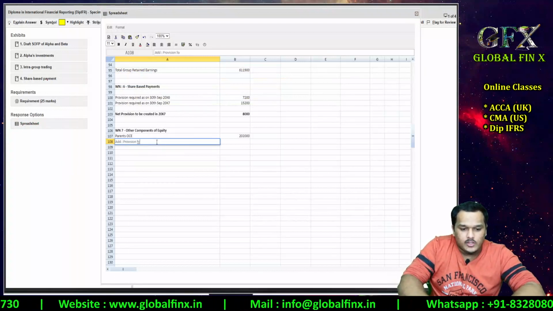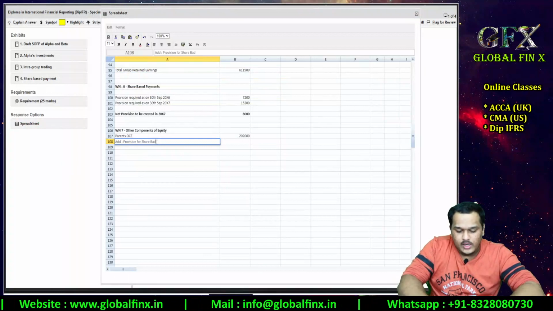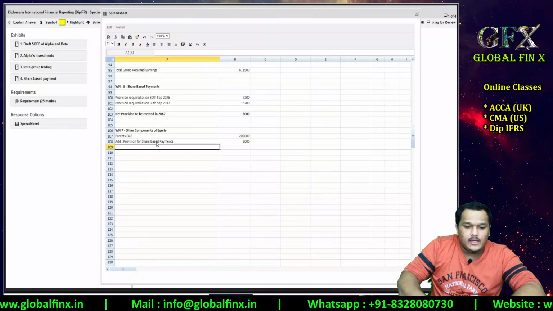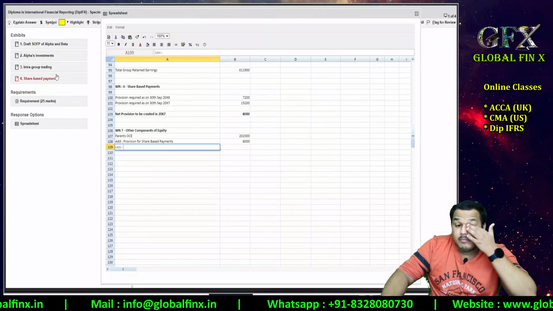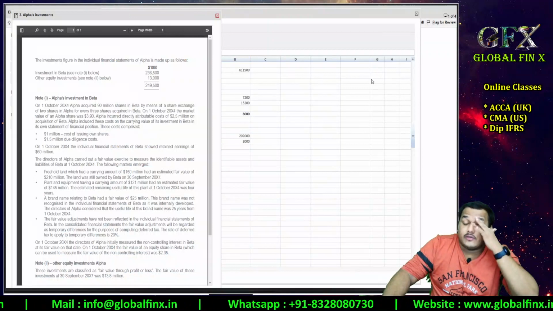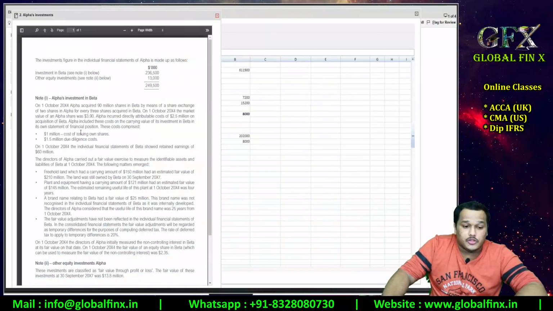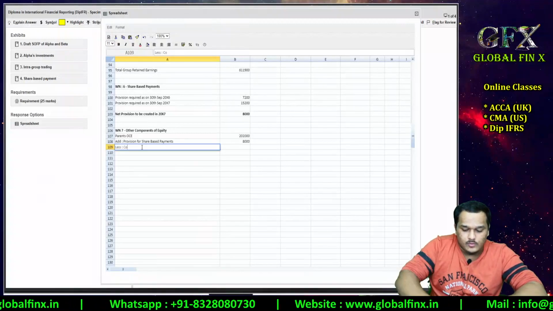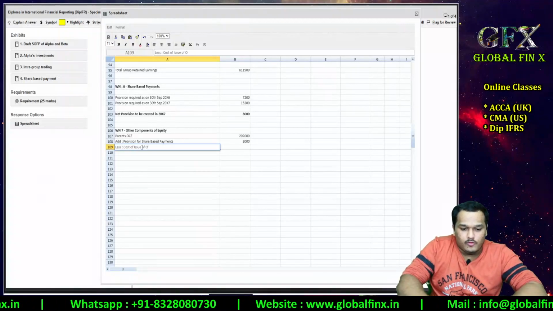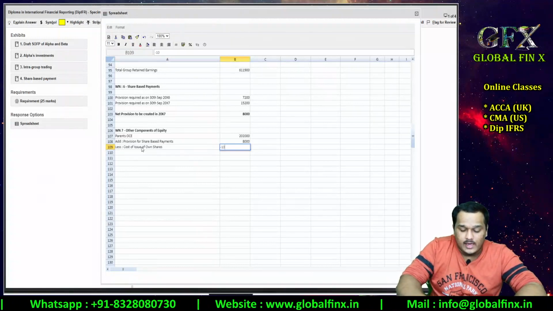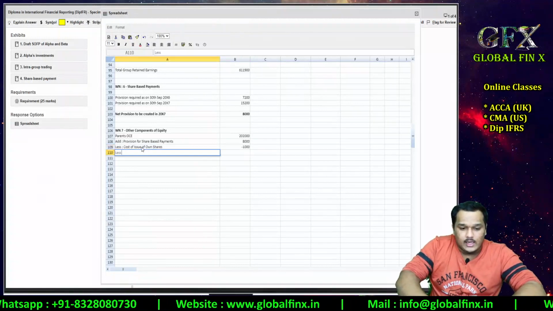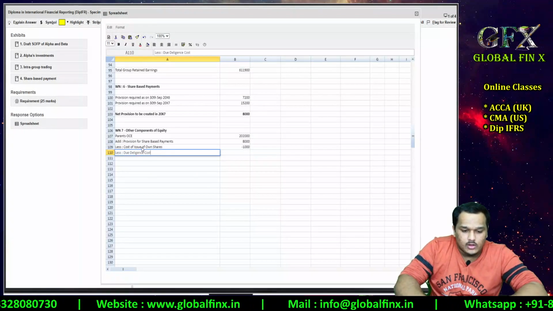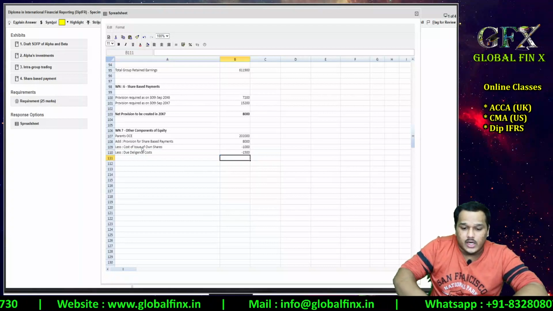Add provision for share based payments. 8,000 will be added, and less, if you remember these two things, we have to deduct from other components of equity. 1 million cost of issue and 1.5 million due diligence, plus cost of issue of own shares, that is minus 1,000, 1 million, and less due diligence costs minus 1,500.